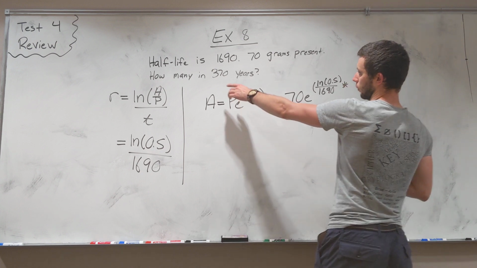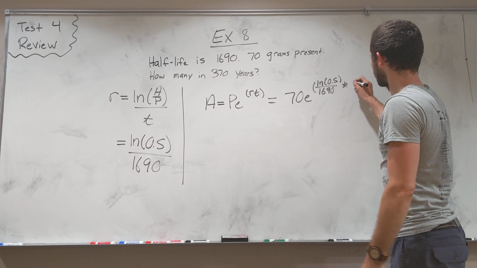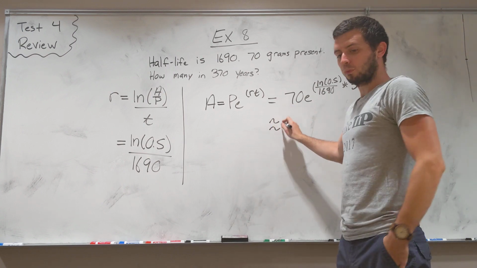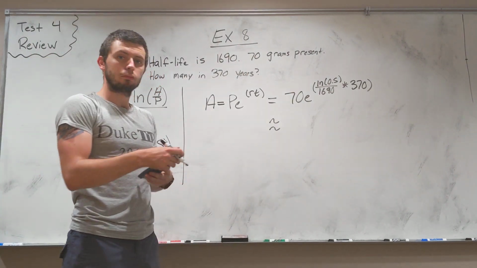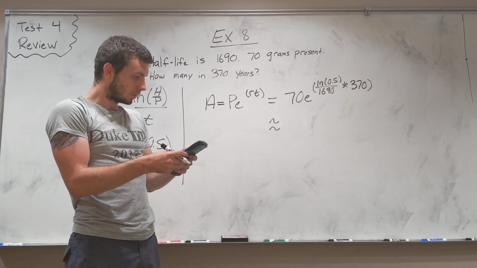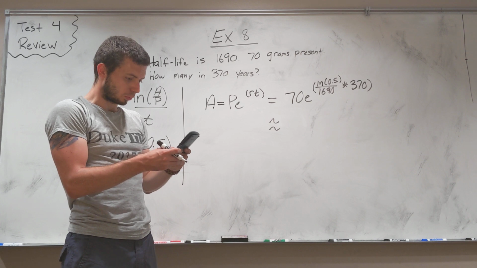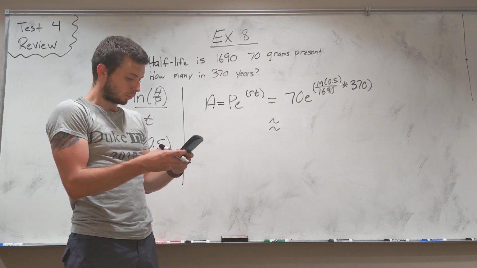And it asks us to find out how many in 370 years, so simply 370 for time. Once you're able to organize all of that appropriately, then you can determine what the output is: 70 e raised to the natural log 0.5, close parentheses, divided by 1690 times 370.